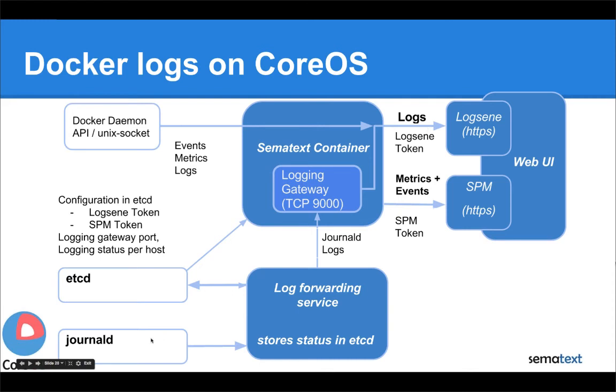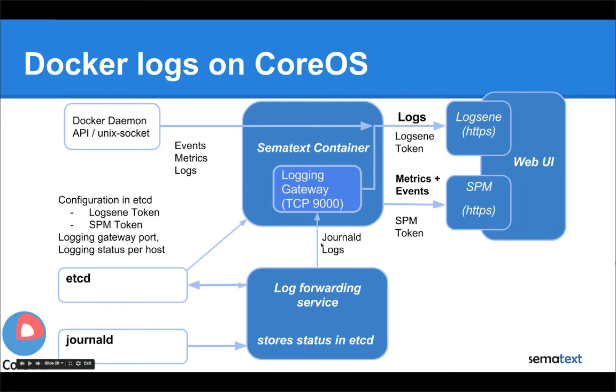The interesting thing here with journald is you can query the logs since a specific timestamp. For example, when we shut down the machine or shut down the container, we can store the last date of logs we have seen, and we store this configuration in etcd. And when the container or the CoreOS host comes up again, we read this timestamp, and then we can ship out logs.